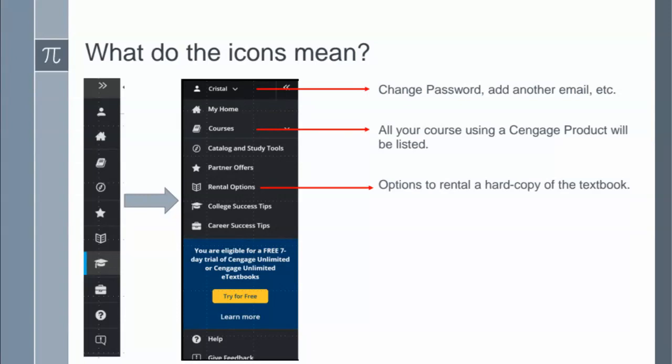I do have to let you know that it is not necessary to purchase a book. Your ebook is enough for your class. Again, the book is the ebook. It has all the information that the hard book has. But again, if you are one of those that likes to have a hard copy book, just to leaf through, you're able to rent one.